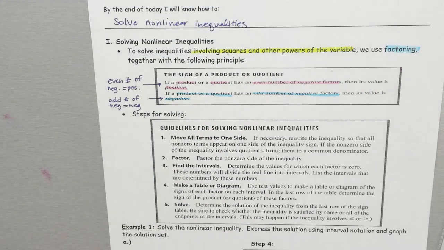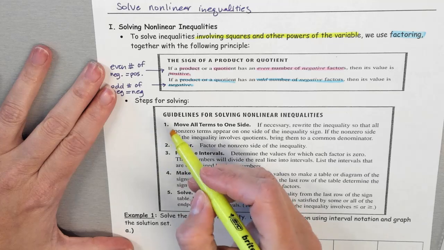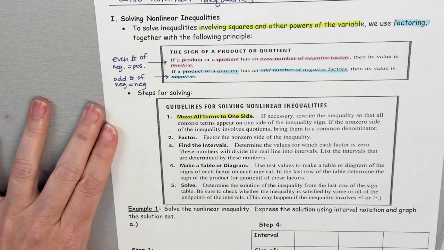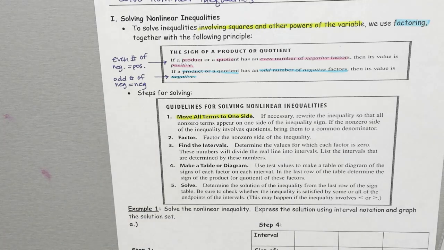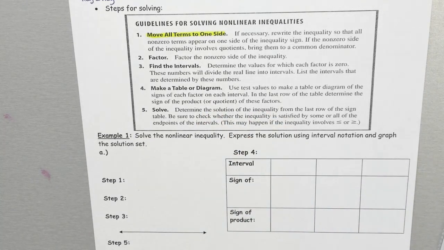So your first step, these are the guidelines. Again, this is an information box from your textbook. So you want to move all your terms to one side. Okay, what you want is you want one side to be 0. Okay, and then if you have division, it's going to look like a fraction. You still want to move everything to one side. Okay, it has to have all non-zero items on one side so that the other side is 0.